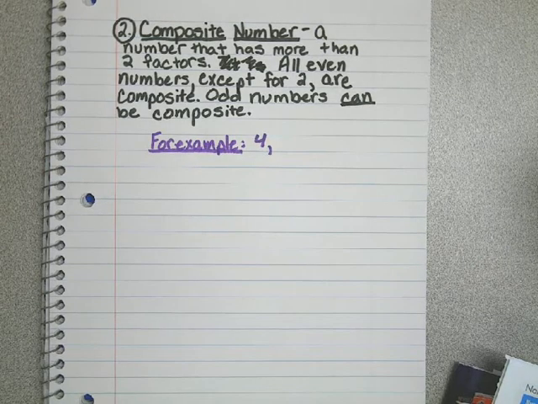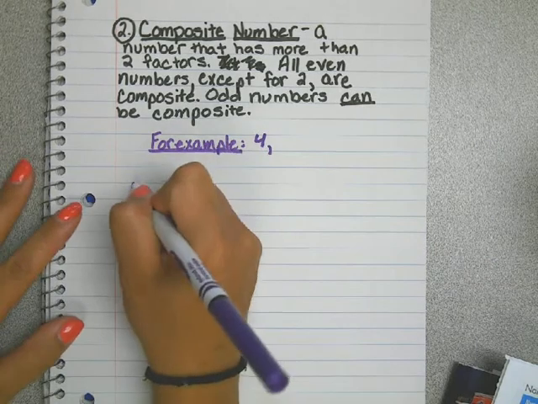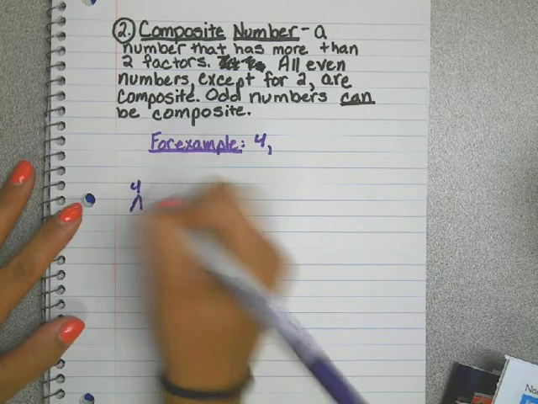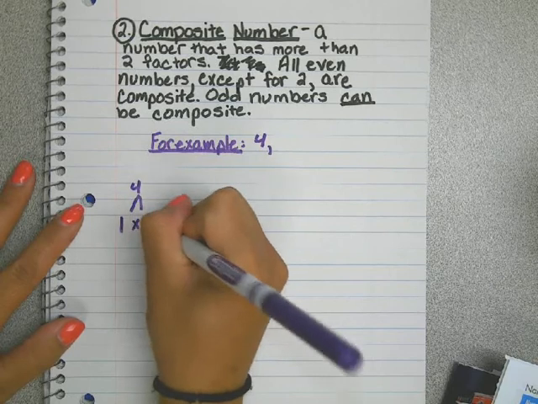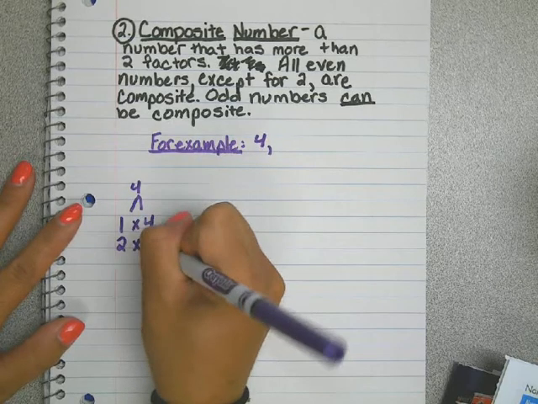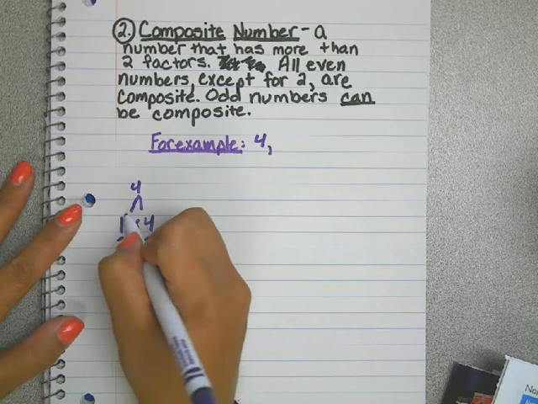Okay, let's focus. So, for example, give me a composite number. More than 2 factors. Allison. 4. What are the factors of 4? Who can tell me? Parker. 8. No, 8 is a multiple of 4.